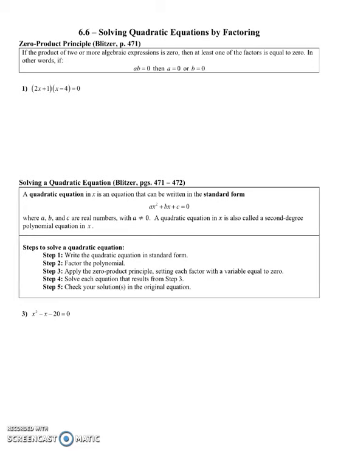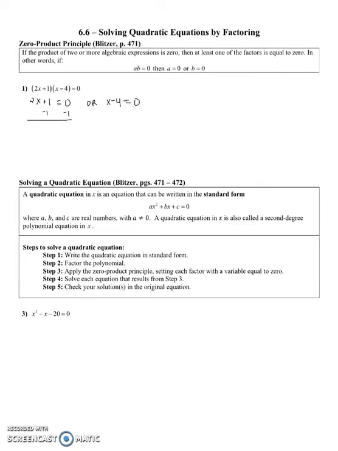So for example, if we have (2x + 1)(x - 4) = 0, that means that either 2x + 1 = 0, or it means that x - 4 = 0. So then we can solve each equation. Subtract 1 from both sides on the first one.